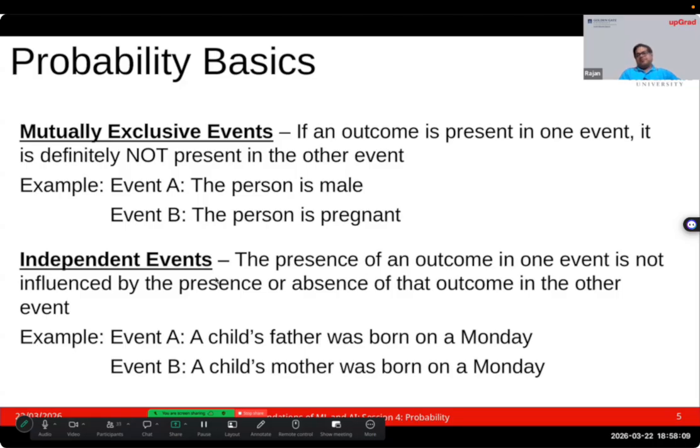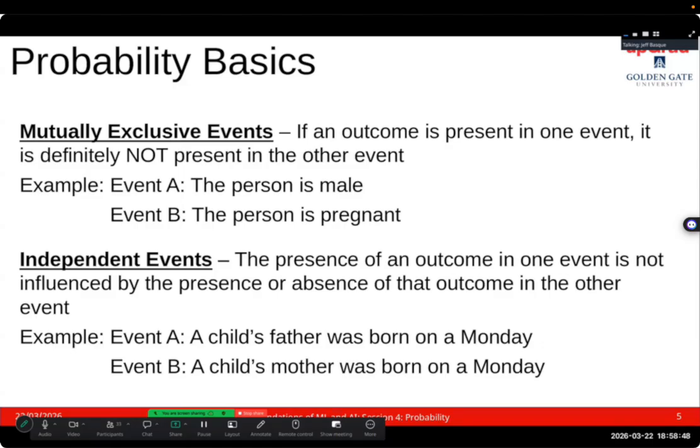Independent events, this is another type of event. Yes. Just nitpicking here. Mutually exclusive event, I think you mean to say event, not events, because that's what I was thinking of. If one event happens, then the other cannot happen. But what you really mean is that if this particular event happens, that outcome cannot be present in another event.